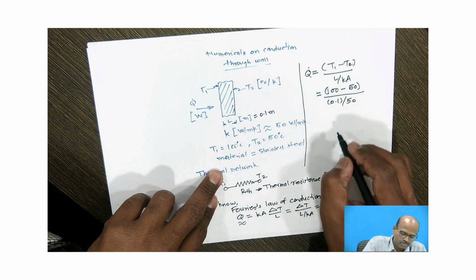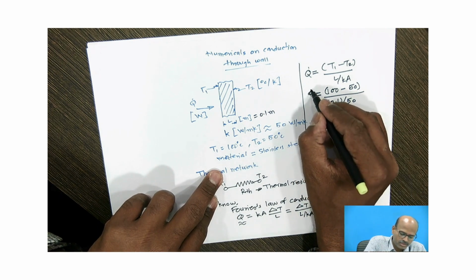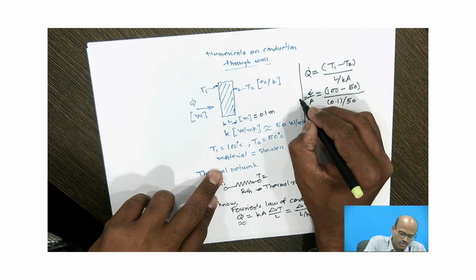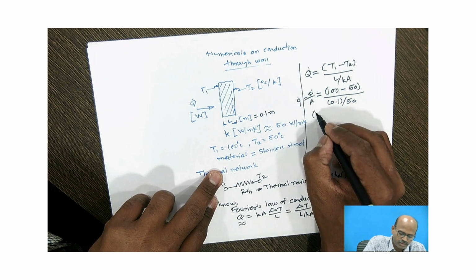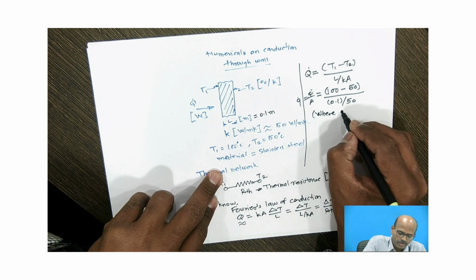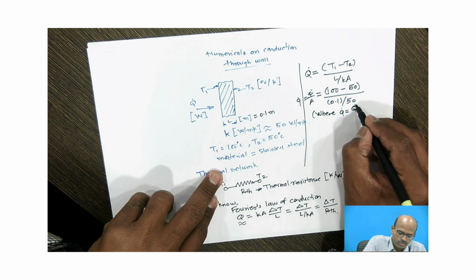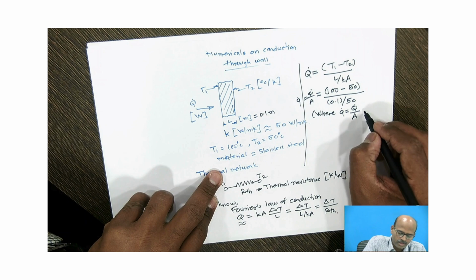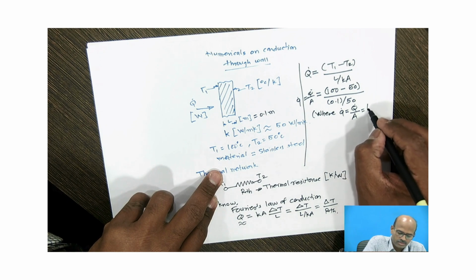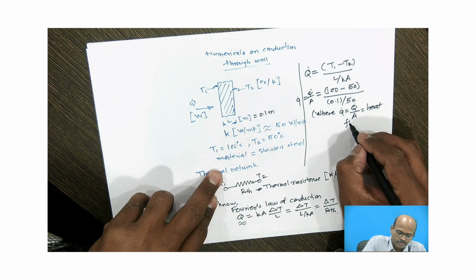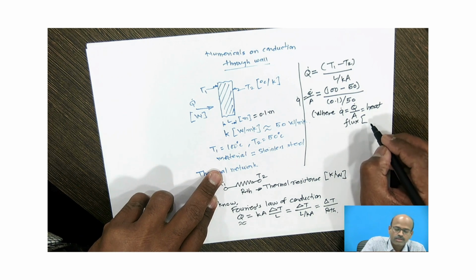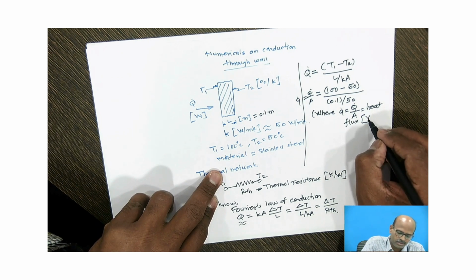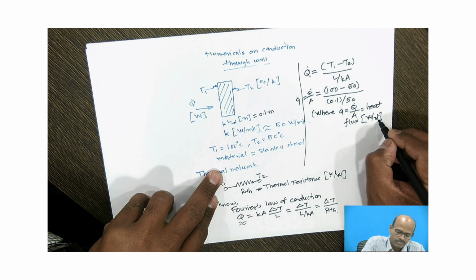Okay, so per unit area, Q dot by A is equal to heat flux, that is Q divided by A, which is known as heat flux, and the unit of heat flux will be watt per meter square.